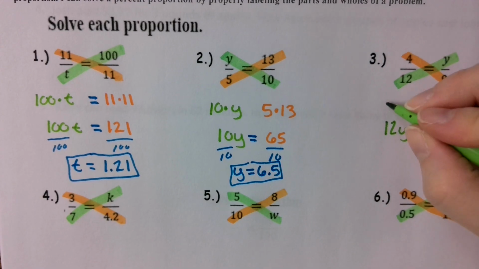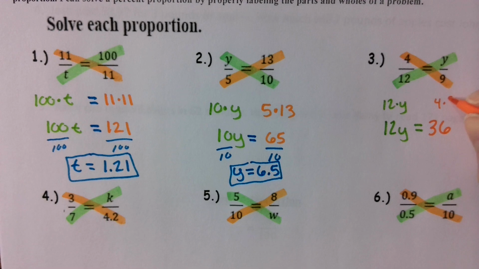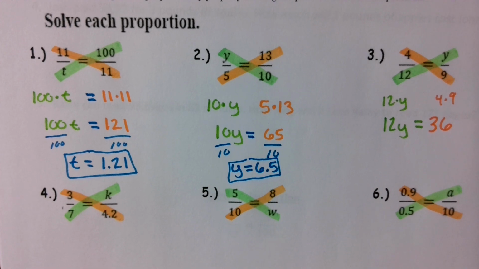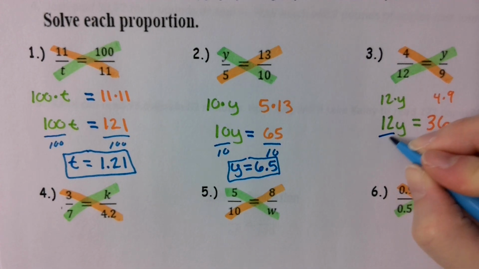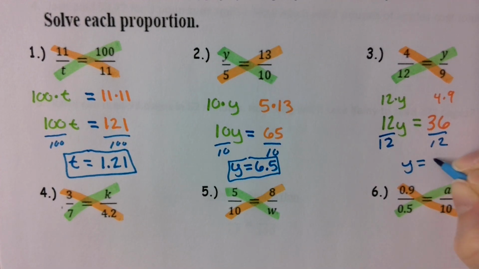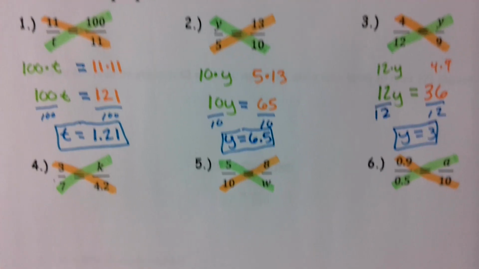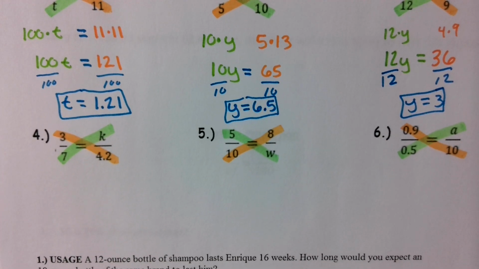Again, because she said she did 12 times y, and then she did 4 times 9. Okay, so we've got 12y is equal to 36. What is the solution to our equation then, Jeremy? y is equal to 3, right? If we divide both sides by 12, we're going to get y is equal to 3. Okay, so our equation was 12y is equal to 36. Our solution was y is equal to 3.